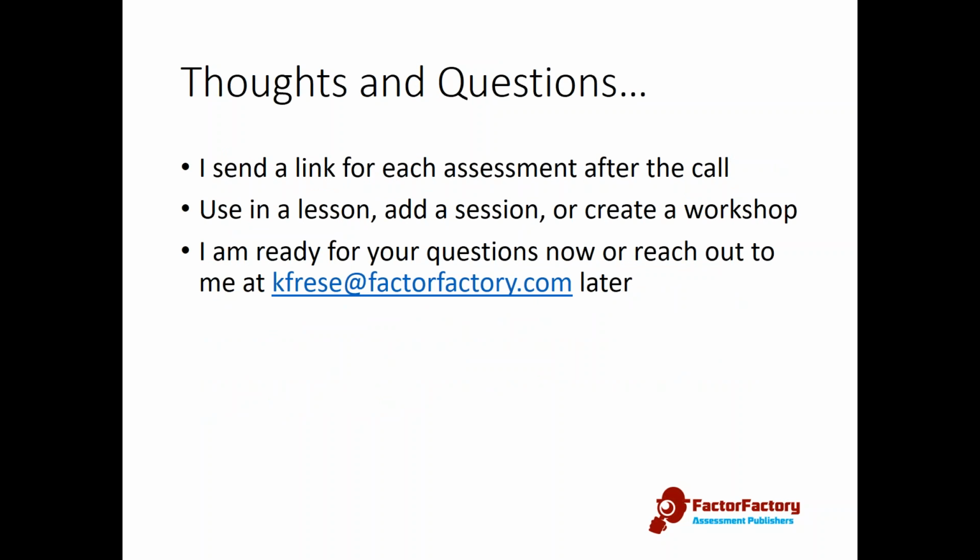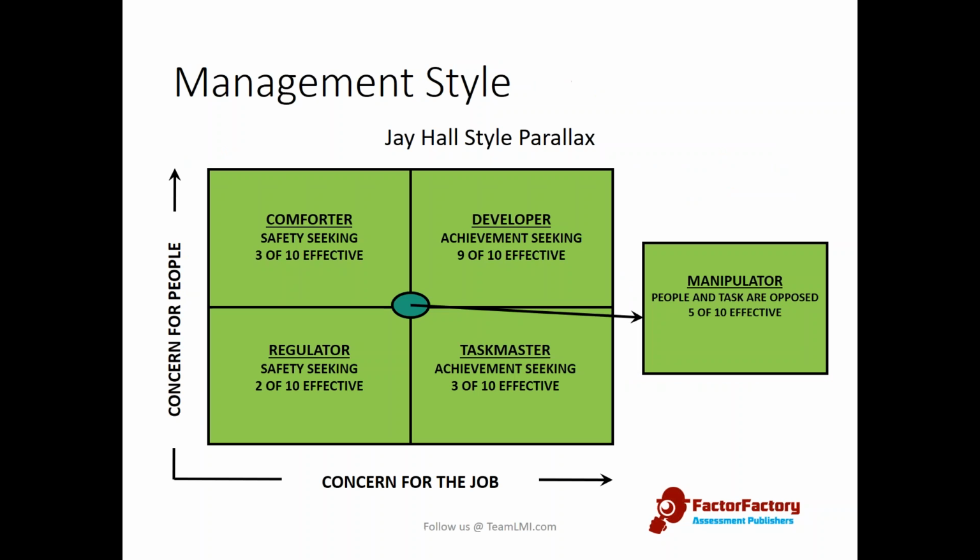The developer, taskmaster quadrant, comforter, regulator. Yeah. That's a really useful picture. It's a very interesting model to apply. I had one thought. I've always wondered where to put the manipulator, and I think over there on the side, kind of figuring out what in the world you're going to do is really the place to put it.